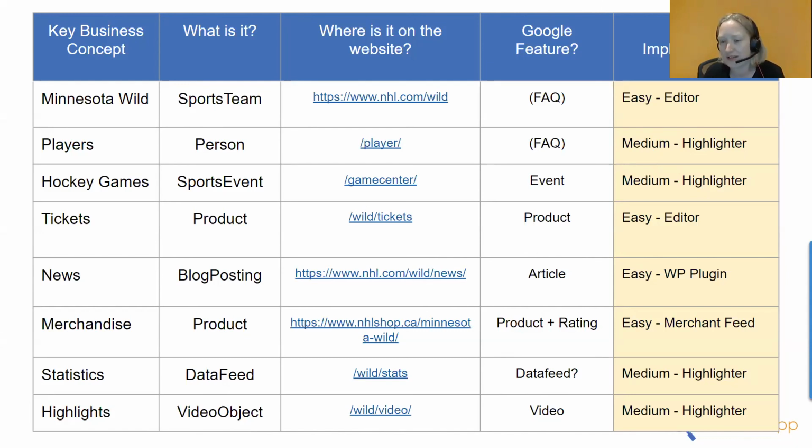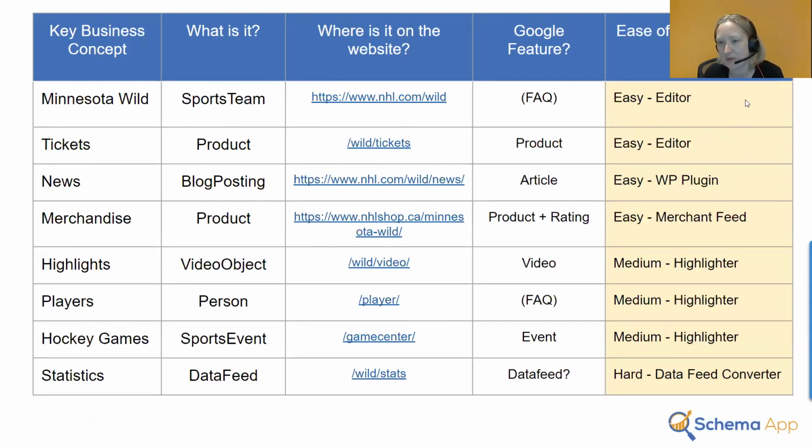So we do tend to ask, what's the lift on implementation? Then it's really about looking at what you're going to get the most robust Google feature for, with ease of implementation as a way of prioritizing it, and then working through the harder ones over time. We do this with all of our clients to get to what our hit list is.